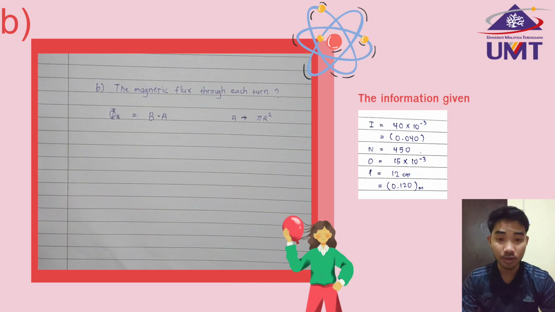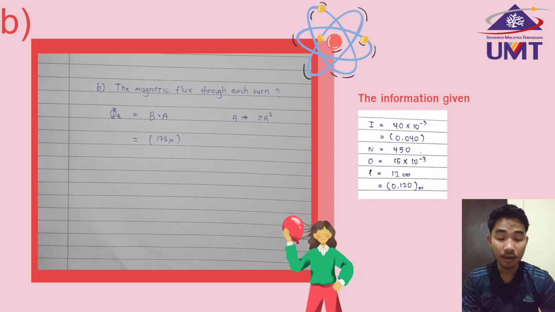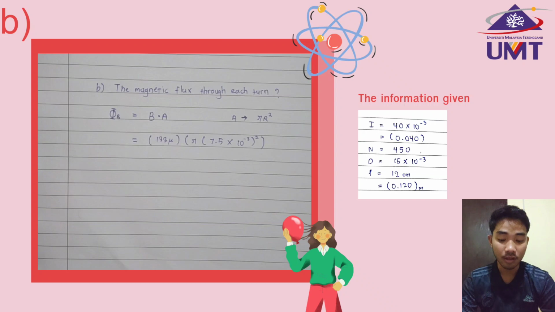So substitute the values. B is the magnetic field that we calculated, which is 188 micro Tesla, times A, which is pi r squared. From the information given, the diameter of the solenoid is 15 millimeter, so the radius will be 7.5 times 10 to the negative 3.